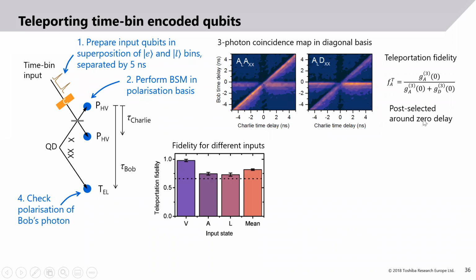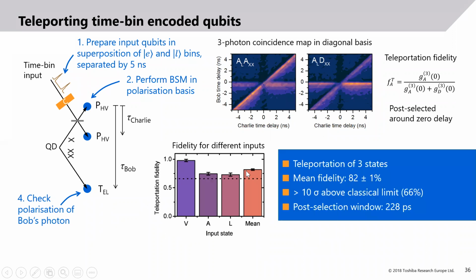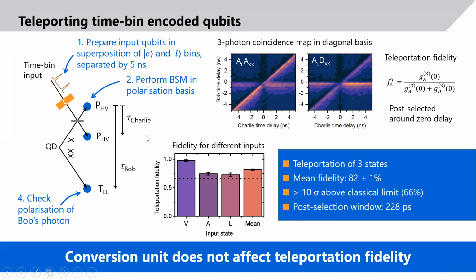We zoom in around 0 delay, and also repeat this measurement in the other bases. And we get a mean teleportation fidelity of 82%, which is in our case 10 sigma above the classical limit, if we use a post-selection window of about 228 picoseconds. So this is all done with post-selection still. But the nice thing to say is this conversion unit that we have does not really affect our teleportation fidelity.